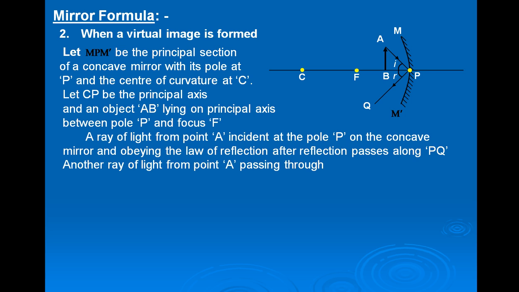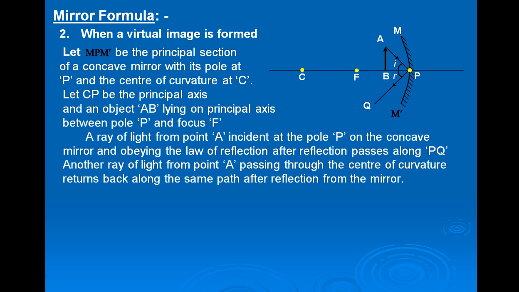Another ray of light from point A passing through the center of curvature returns back along the same path after reflection from the mirror.